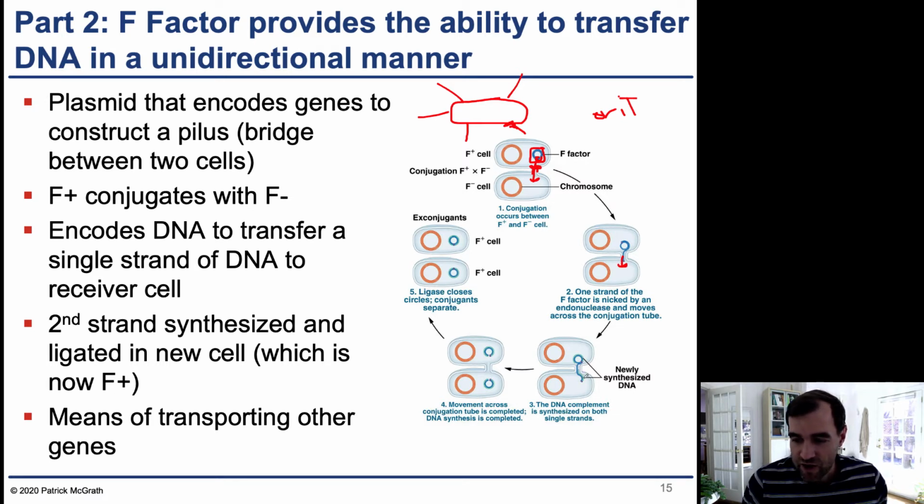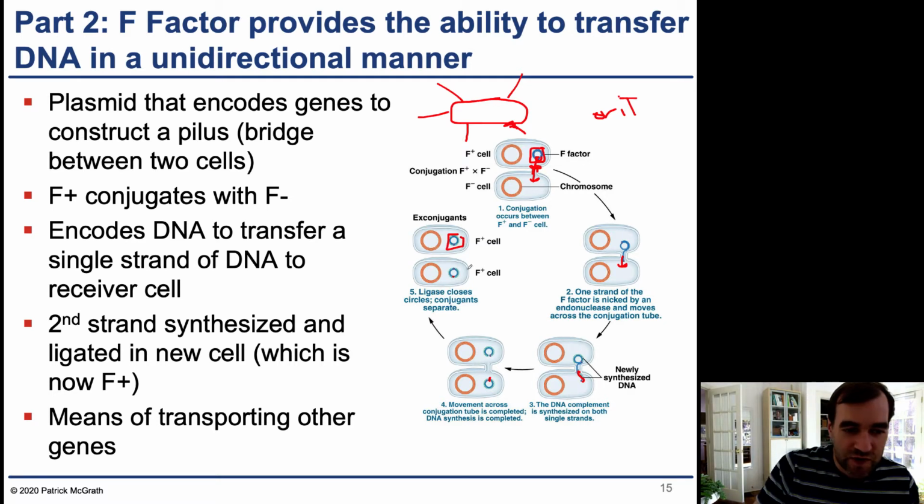As this is happening, DNA is synthesized. This single strand of DNA, a new complementary strand, is formed based upon that in both of the cells. So as a result, this F factor gets transferred across, and at the same time DNA is synthesized, and then you ligate this together, and you end up with two full copies of this F factor plasmid.